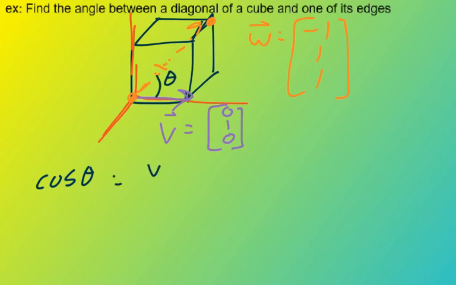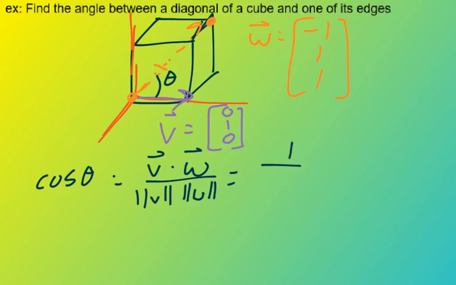It's just going to be v dot w over the magnitudes of those two vectors. And so this dot product would just be 0 times -1, so 0, plus 1, then 0 times 1. So we're just going to get 1, which is nice, on top.